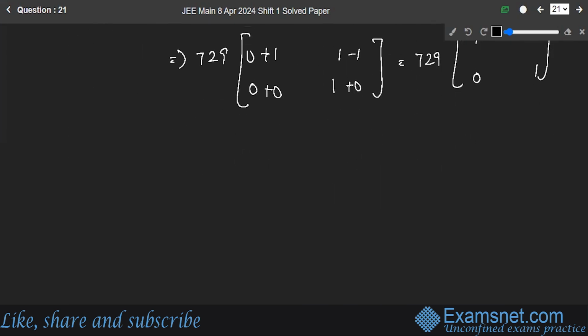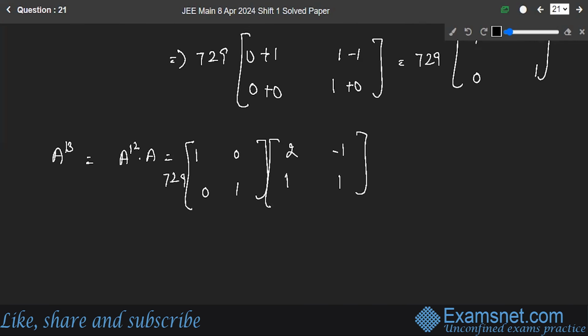So what will be A13 now? A13 will be equal to A12 into A. This will be 729 outside this, and your A matrix was 2, minus 1, 1, this.